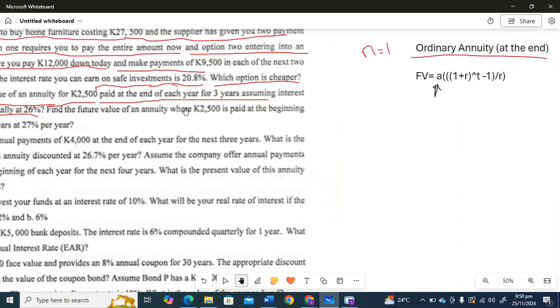At the end of each year, you get 2,500. So A represents the equal payment, which is paid periodically after the same time interval. R just represents the rate. T is the time period. So for this question, we find the future value.